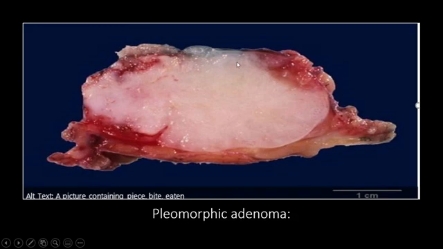The gross cut section of the neoplasm is made up of solid, well-defined tumor growth with a glassy or chondromyxoid cut section.